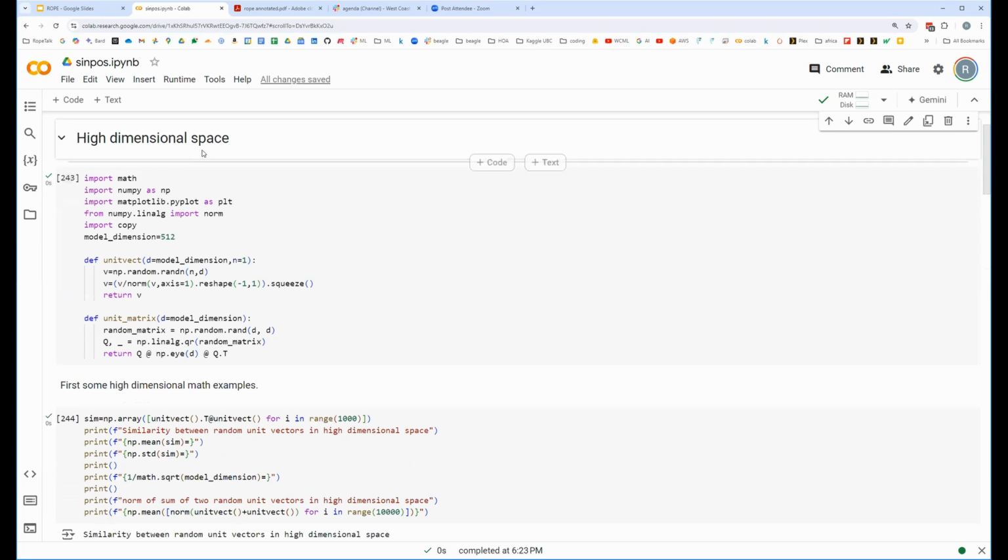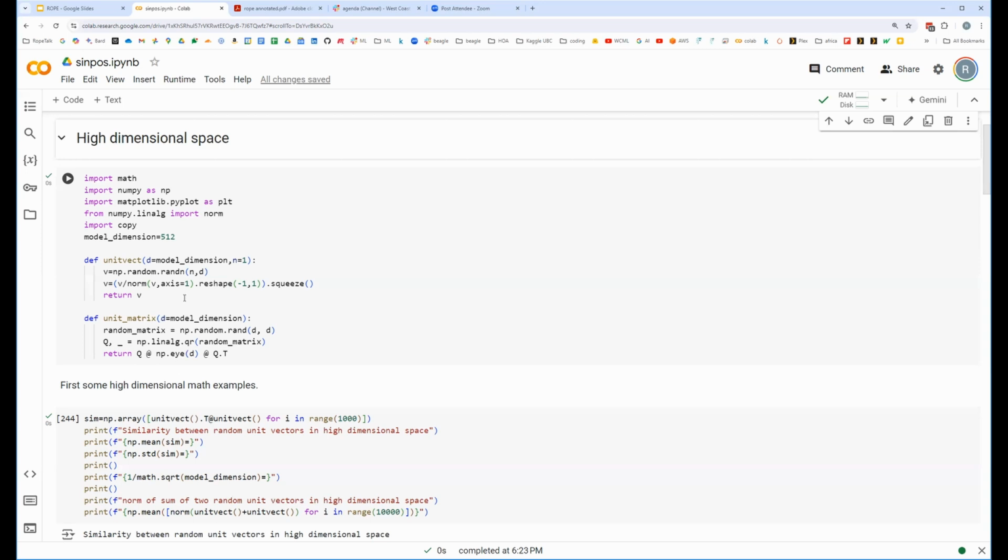Okay, before I could play with high dimensional space, here again, I've made references before that I'd like to gain more of an intuition about how things behave in high dimensional space. To start out, we've been talking quite a bit about things living on the unit hypersphere. So I created a utility that returns a vector in a model dimension, or D dimension, space that exists on the unit hypersphere.